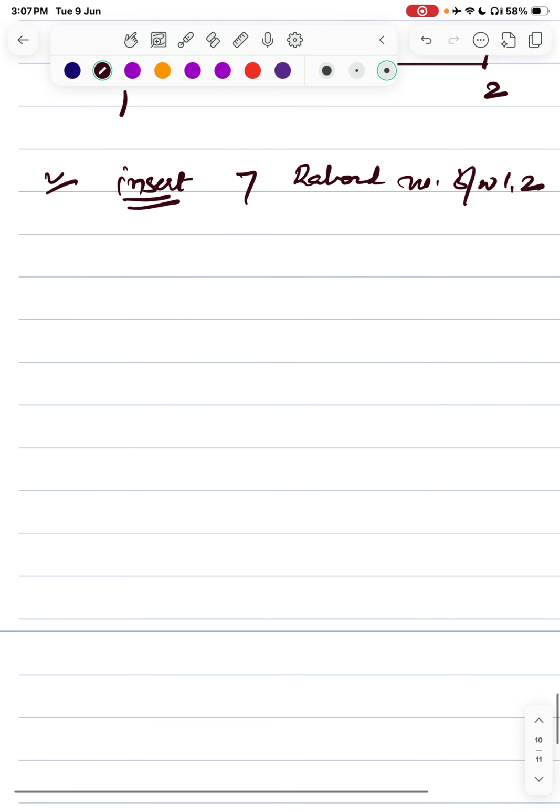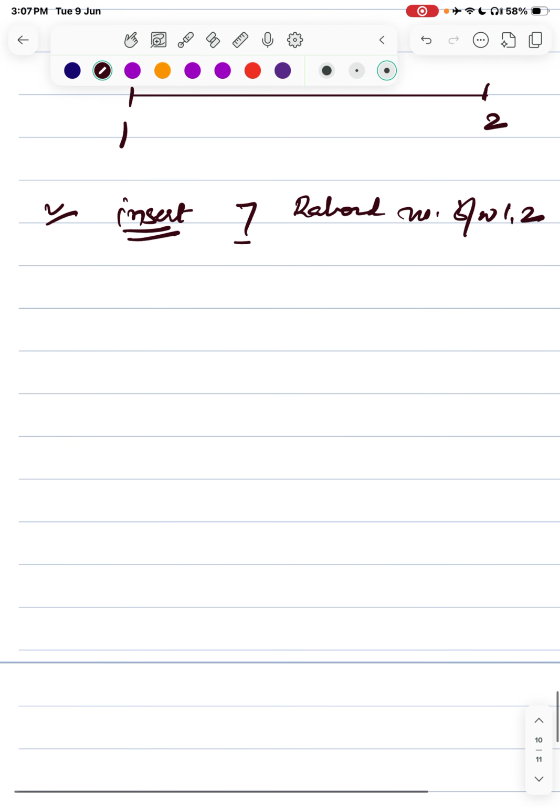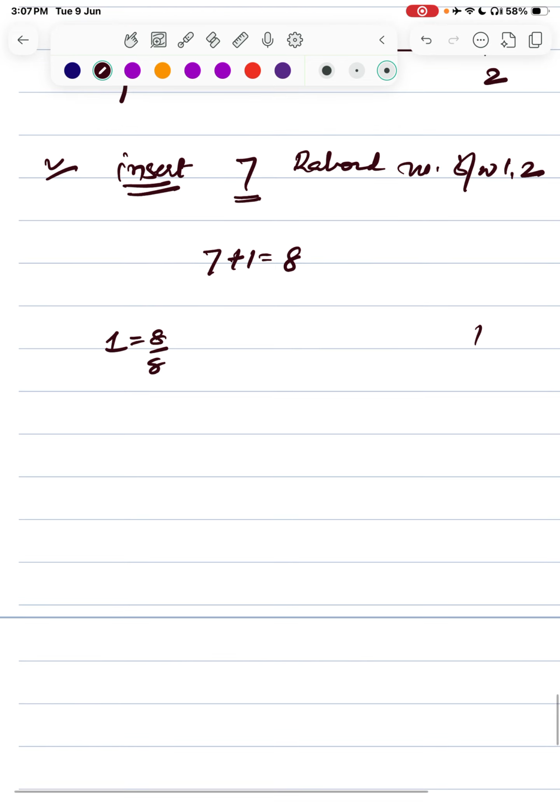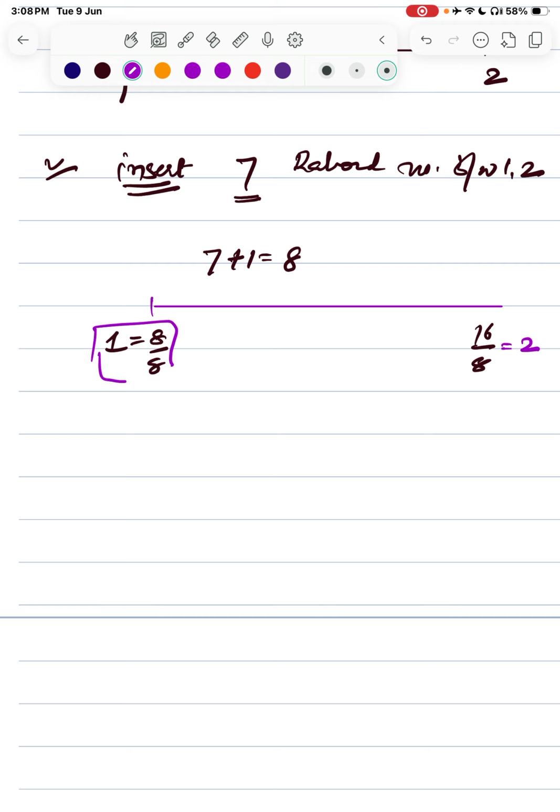So these are not the only way. Another way is, if it is asked that you have to insert seven numbers, just add one to it and make it 8. Now write one as 8 by 8, and 2 as 16 by 8. I'm just rewriting these numbers. So it is 1, again, because we have to insert numbers between 1 and 2.